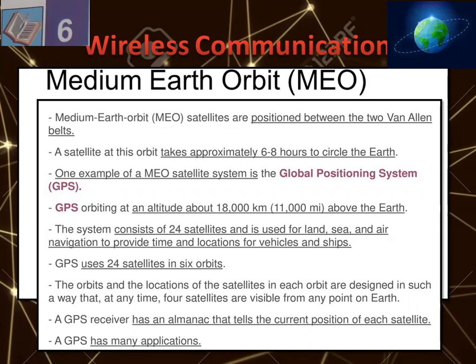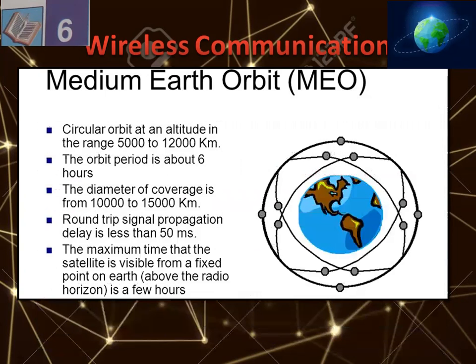GPS has many applications, and its MEO is a circular orbit at an altitude in the range of 5,000 to 12,000 kilometers. The orbit period is about 6 hours. The round trip signal propagation delay is less than 50 ms. The maximum time that the satellite is visible from a fixed point on Earth above the radio horizon is a few hours.